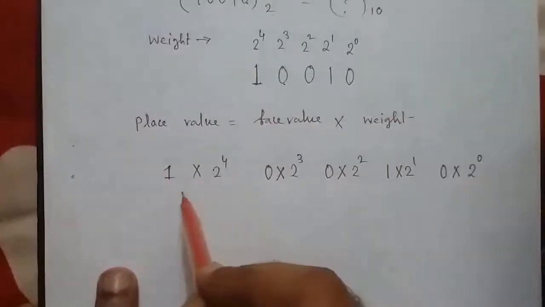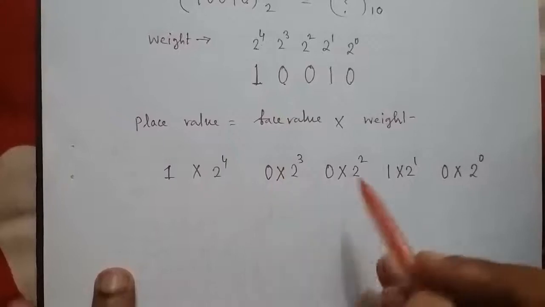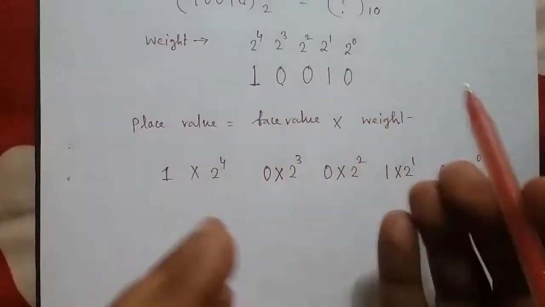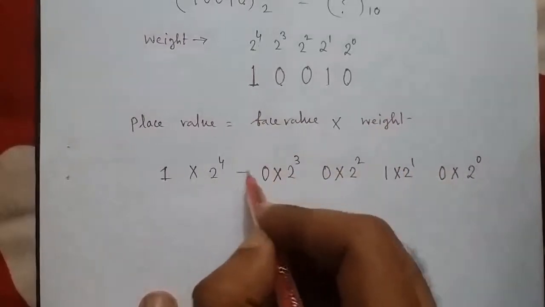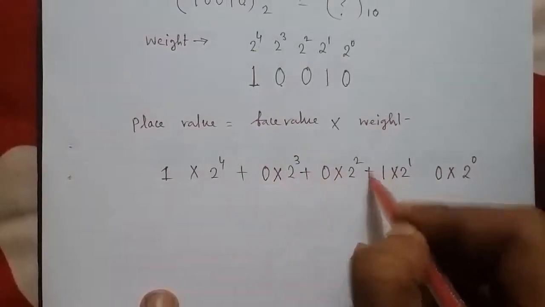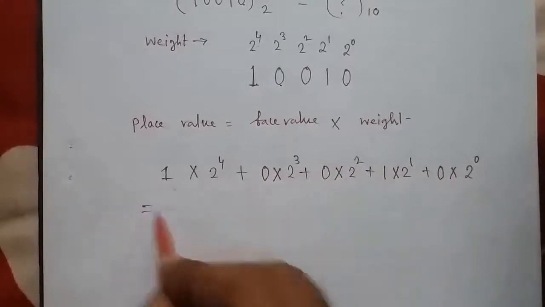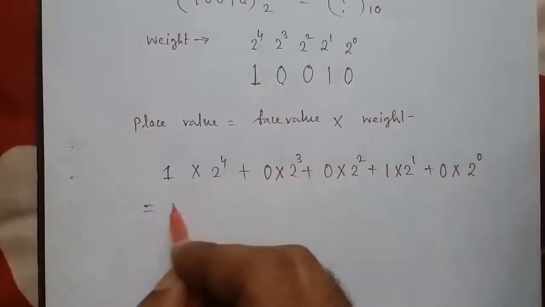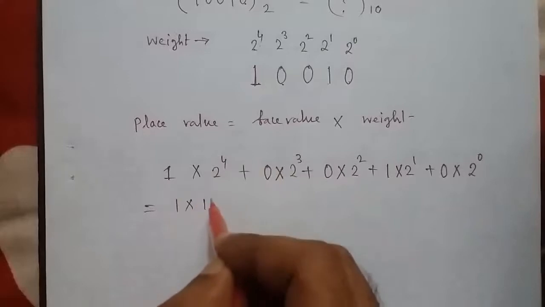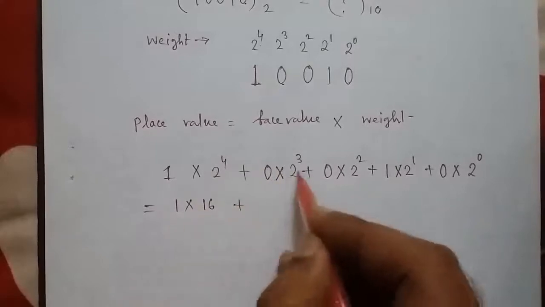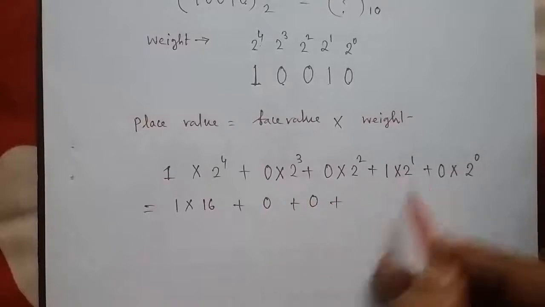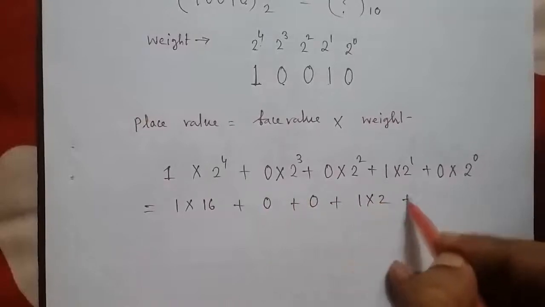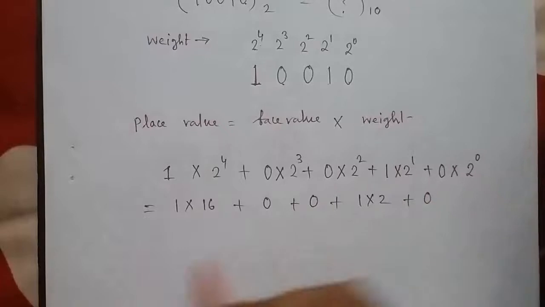So now the place value of every bit is calculated. Now we need to add these place values to get the equivalent decimal number. So 1 into 2 to the power 4 means 16, plus 0 into 2 to the power 3 means 0, 0 into 2 square means 0, 1 into 2 to the power 1 means 1 into 2, and 0 into 2 to the power 0 means 0.